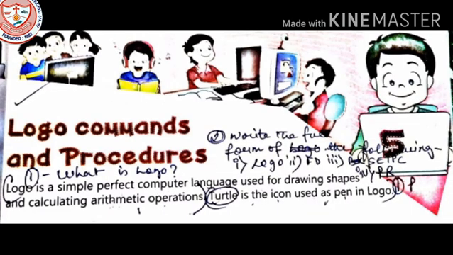Now let's see what is written in the book. Logo, commands and procedures. What is Logo? If anybody asks you what Logo is, you cannot just say that Logo is used for graphics, because that is an incomplete answer.